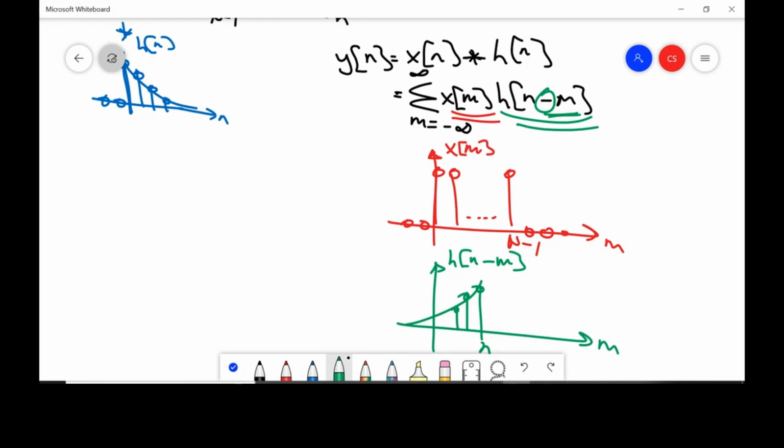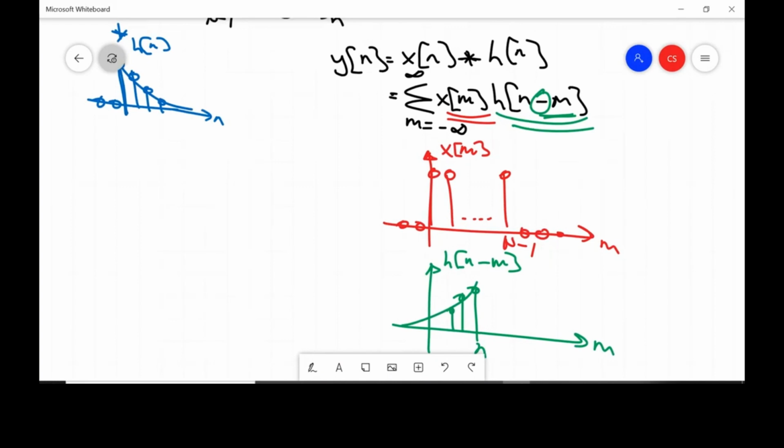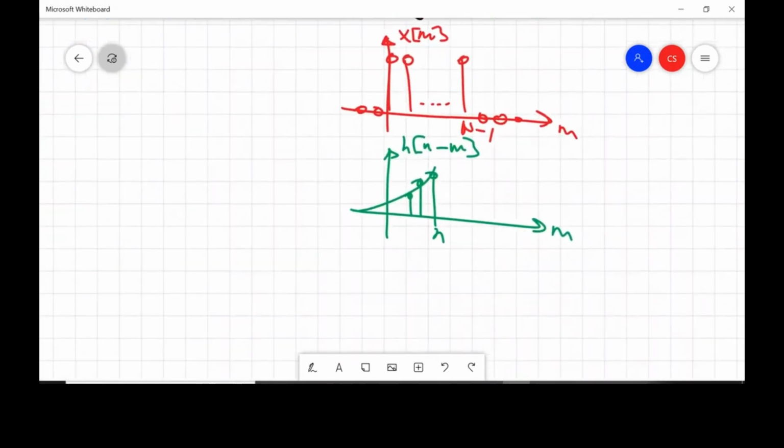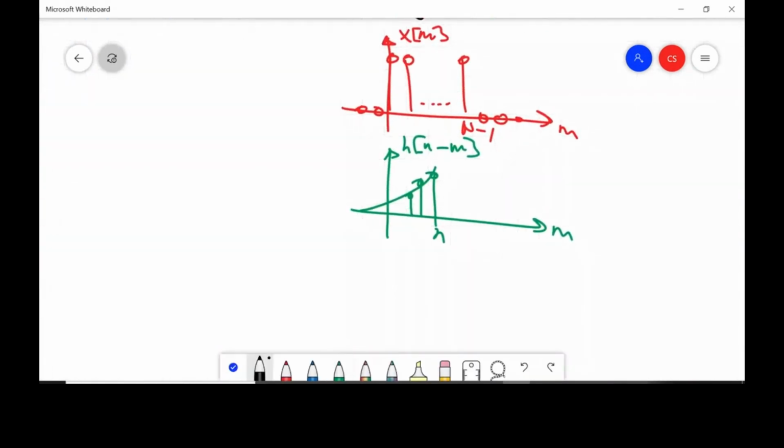So when will I have a convolution that is zero? So y of n will be zero if there is no intersection between these two signals. For instance, if this signal moves too much to the left and there is no intersection, it moves to this location.